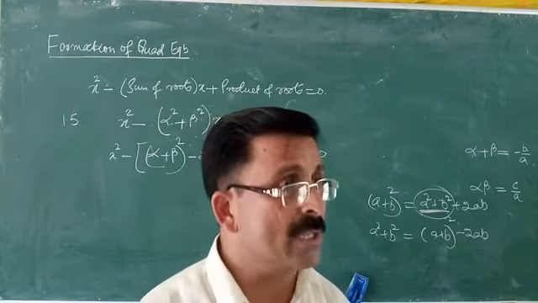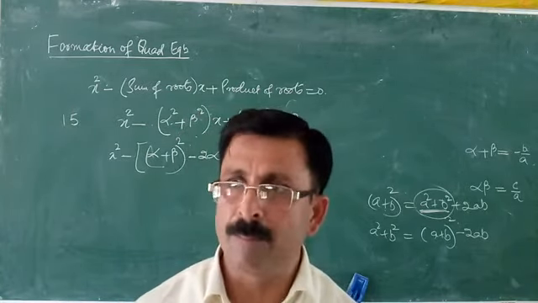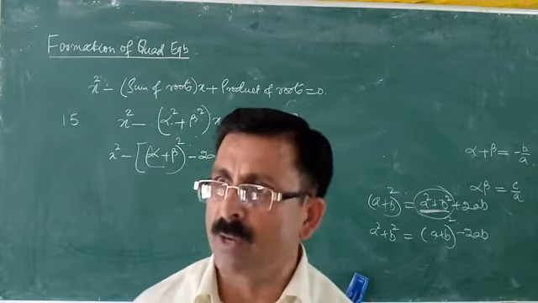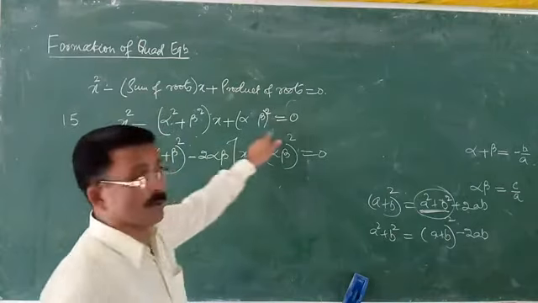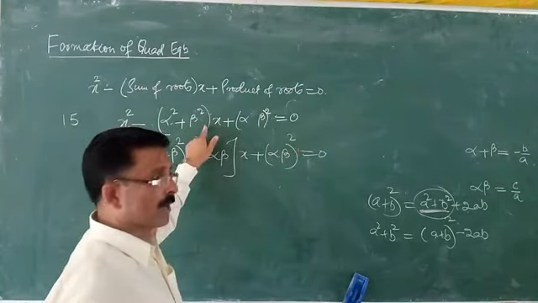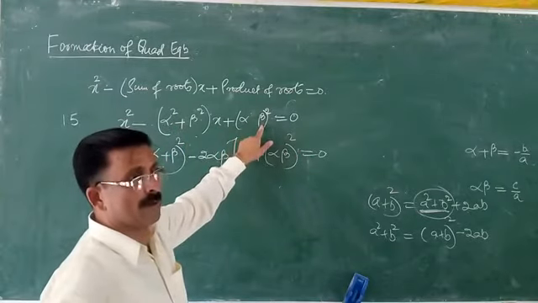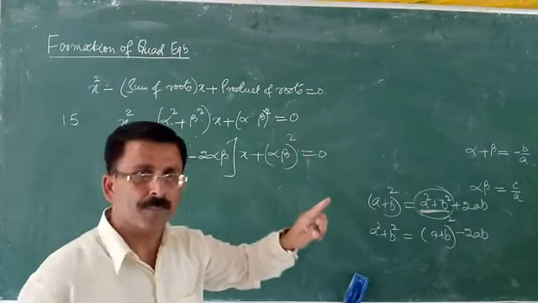We know that the roots are alpha square and beta square. That means we will find the sum and the product in terms of alpha square and beta square only. And that is why I showed you that this will be your equation, where the sum of the two is in terms of alpha square, beta square, and the product is also in terms of alpha square, beta square. Is this okay? Yes, sir.